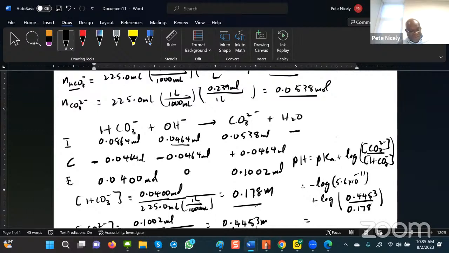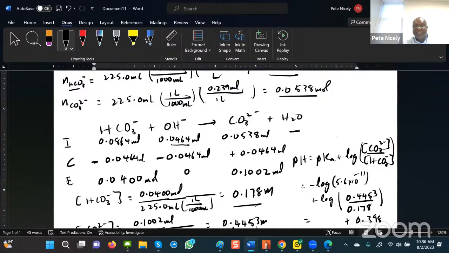So 0.4453 divided by 0.178. And then we find the log of that. And when I did that, I got 0.398, to 3 decimal places. And then as far as the 5.6 times 10 to the minus 11, let me find the log of that.